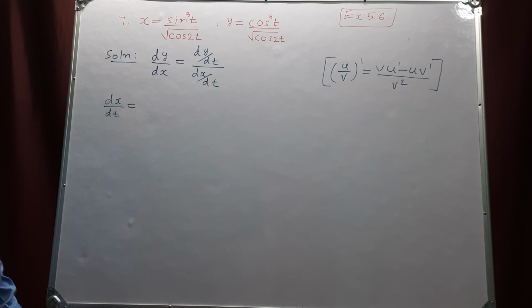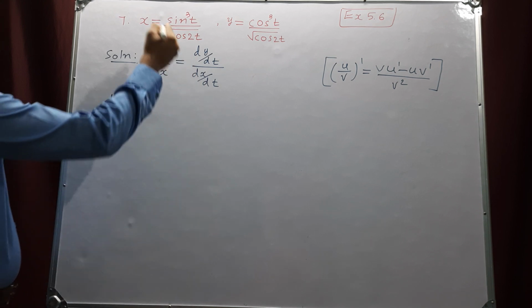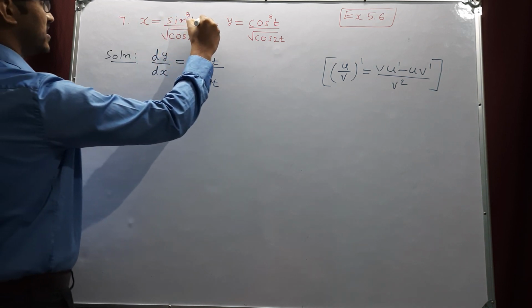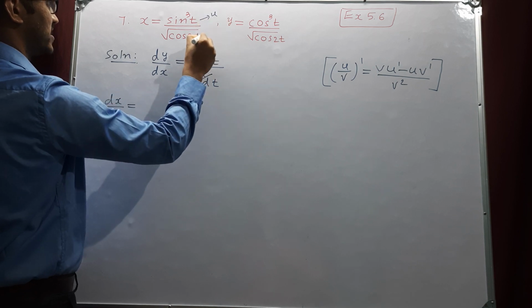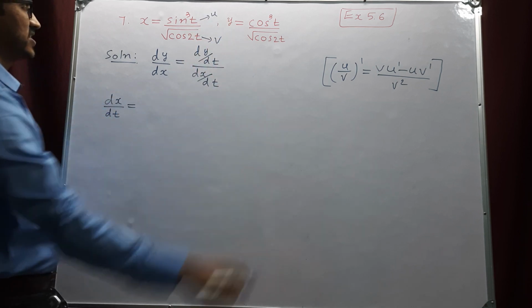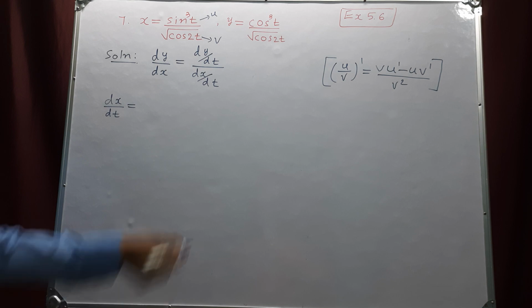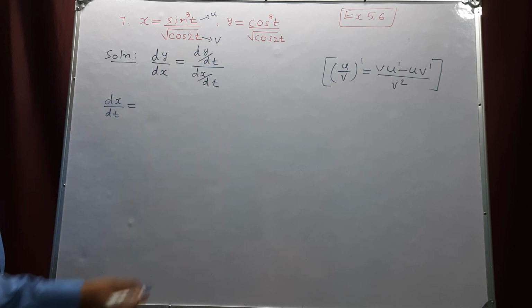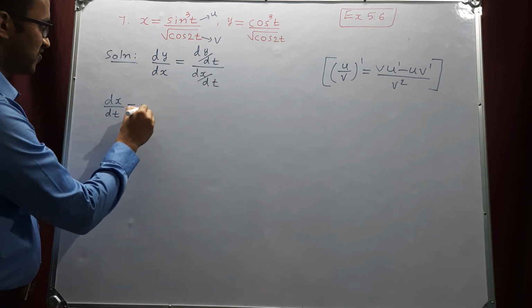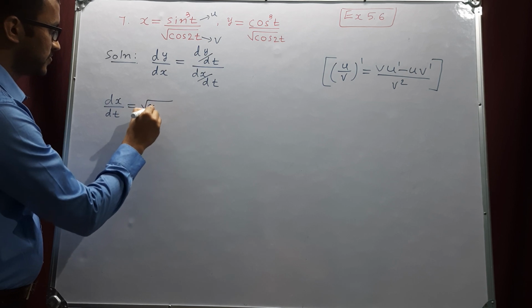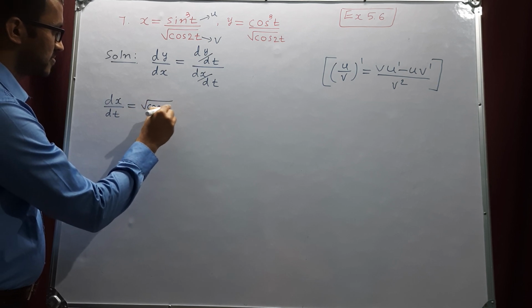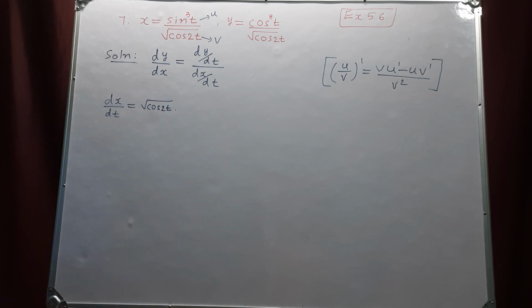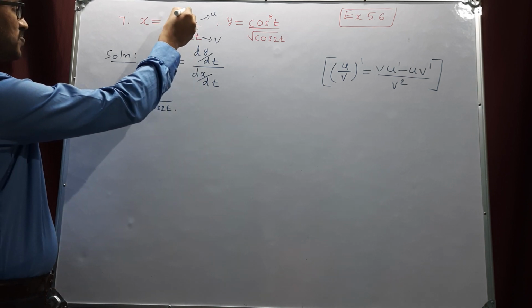If we apply the quotient rule, here the numerator we consider as u, the denominator as v. So v, that is root of cos 2t, into the derivative of sin cube t.